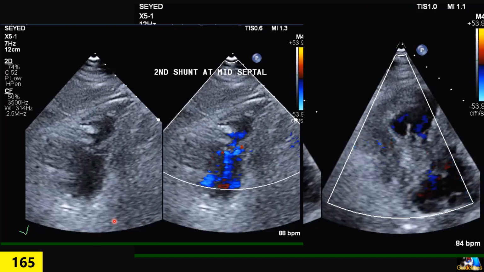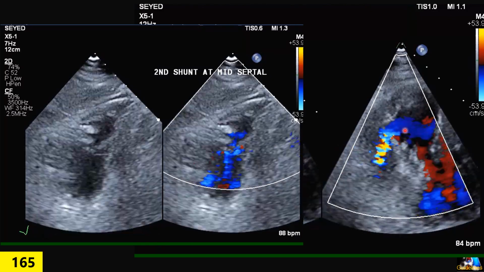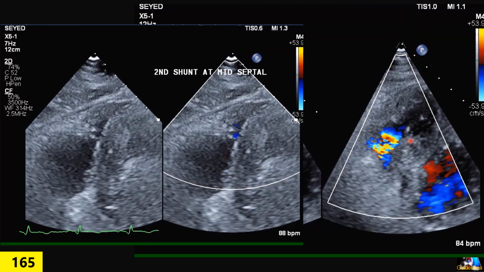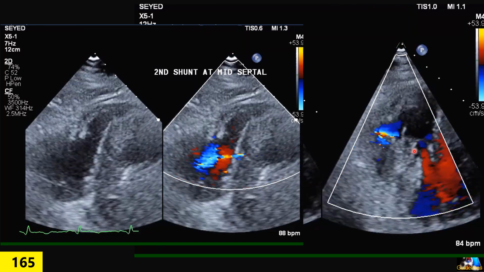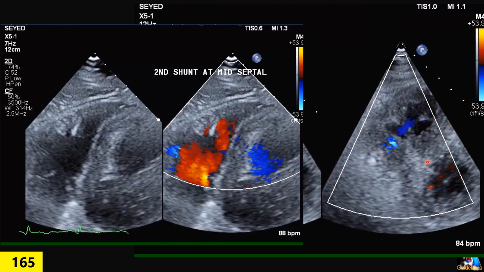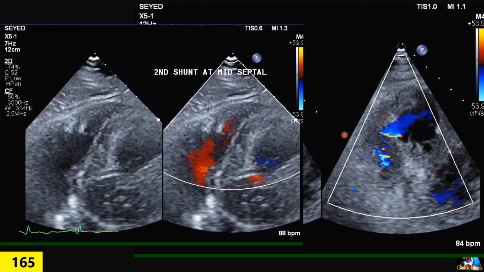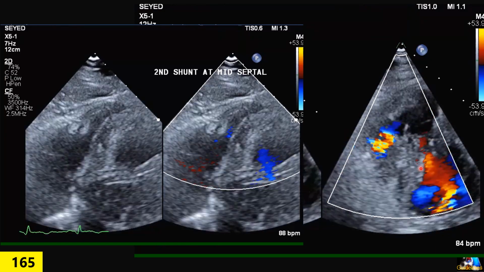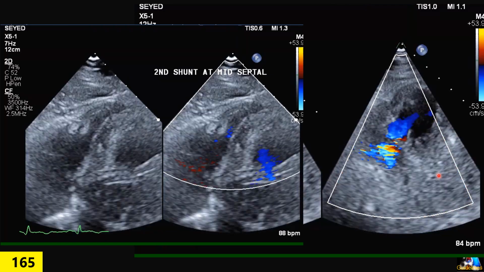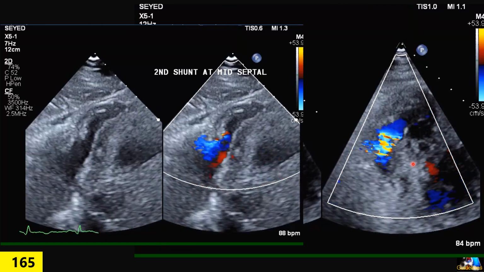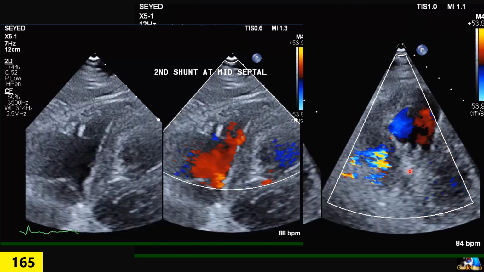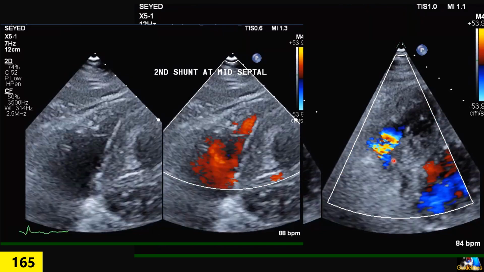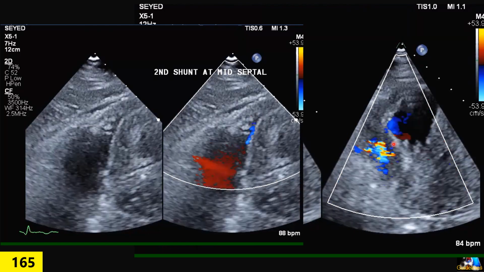Here is the previous patient. As you can see, we can catch it on the apical 2 beside the apical 4 at the basal view. We can catch it with the same technique, sweeping and fanning to the right of the patient or left, it doesn't matter. You have to sweep that area. You can catch it very easily. So don't forget, all the time go off axis for any kind of jet.